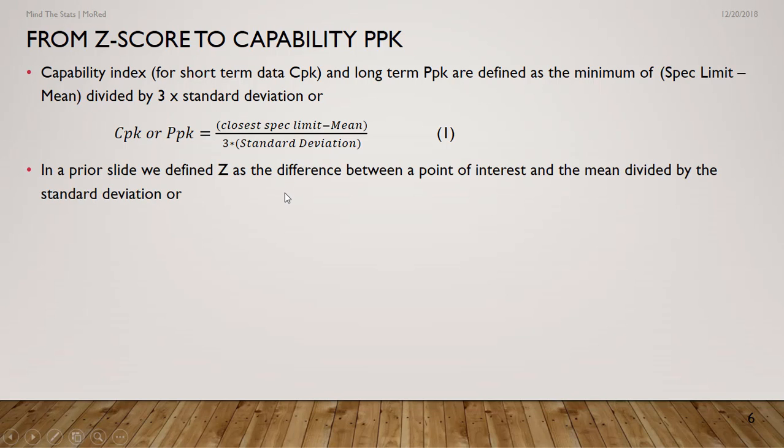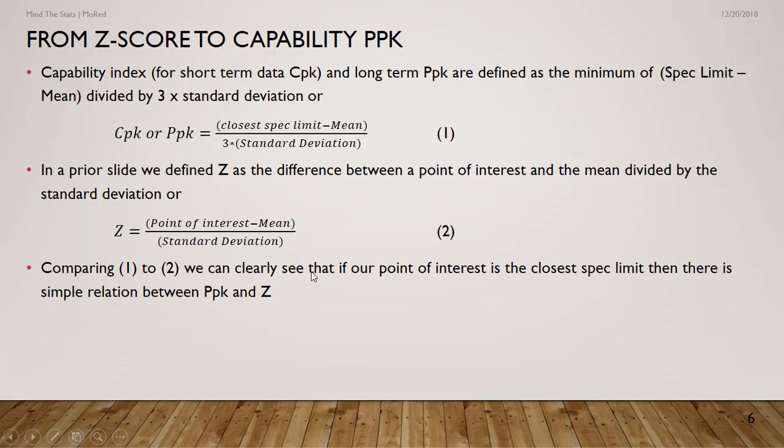In the prior slide we talked about Z, and Z is equal to the difference between a point of interest and the mean divided by the standard deviation. So if you compare the two equations, 1 and 2, the difference really is 3. So essentially PPK is equal to Z divided by 3.